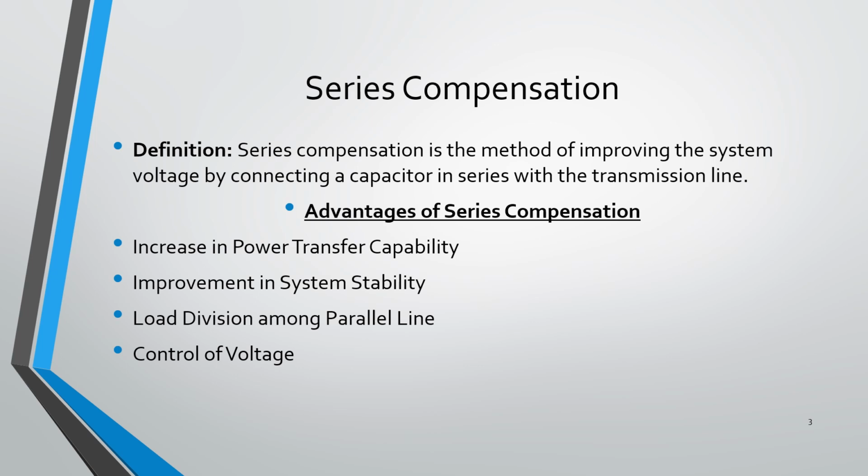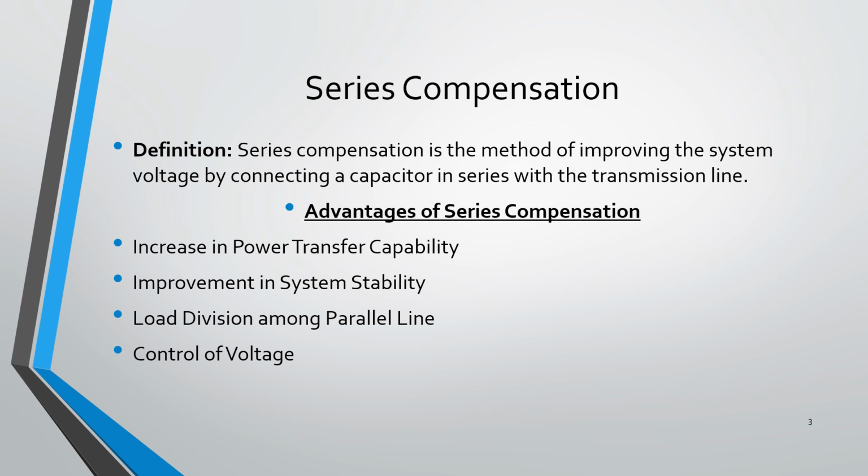The reduced value of this angle gives higher stability. So we have to reduce this angle by series compensation, and that will improve the system stability. That angle you can call the power angle or phase angle. Yes, both are okay.